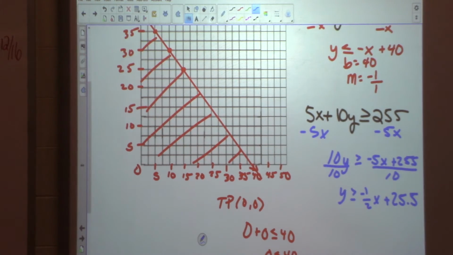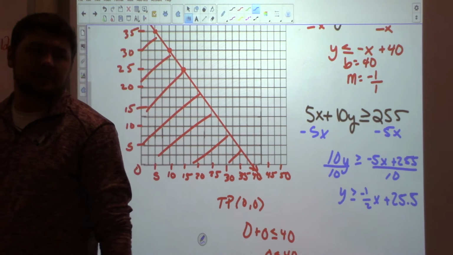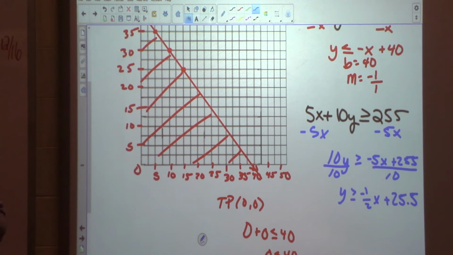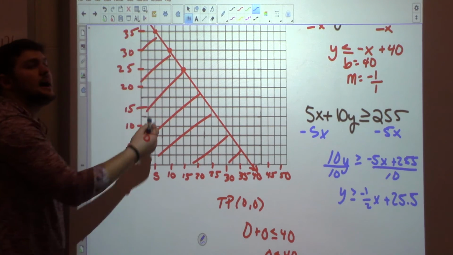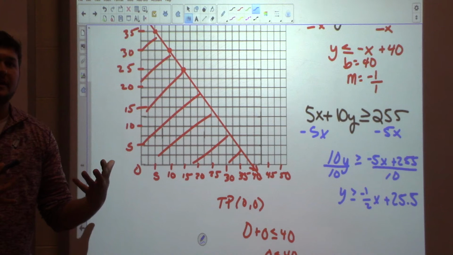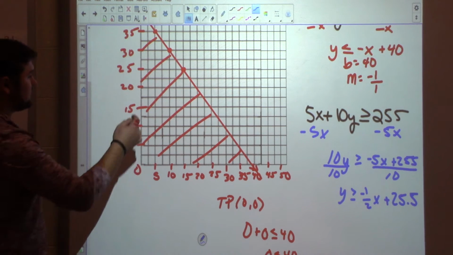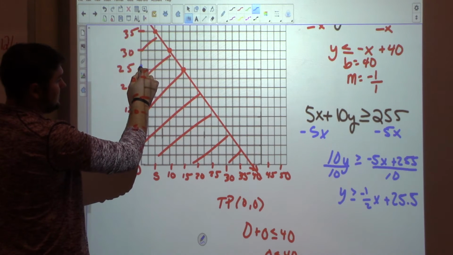Okay. Am I going to be able to get exactly 25.5 on my y-axis? No. It's an estimate. Do your best, right? If you put it really close to 30, obviously that's not okay. But if you're close to 25, just above it, it's fine. Do your best. It's an estimate. So 25.5 is right about here-ish.